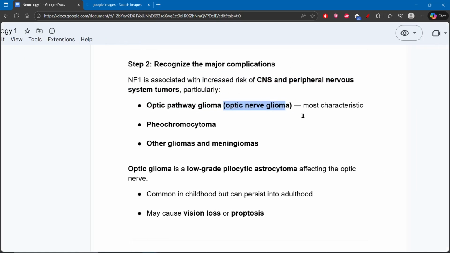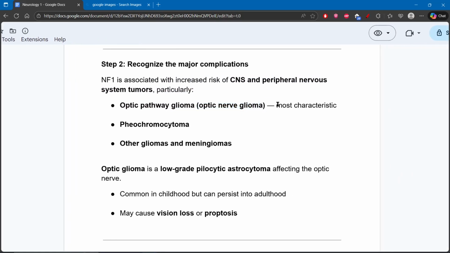Optic nerve glioma is the most characteristic. If they ask you what is the most common, then optic pathway glioma is the most common. The patient can also face pheochromocytoma in this condition. There are also some other gliomas and meningiomas mentioned in your First Aid book, but they're not really characteristic.